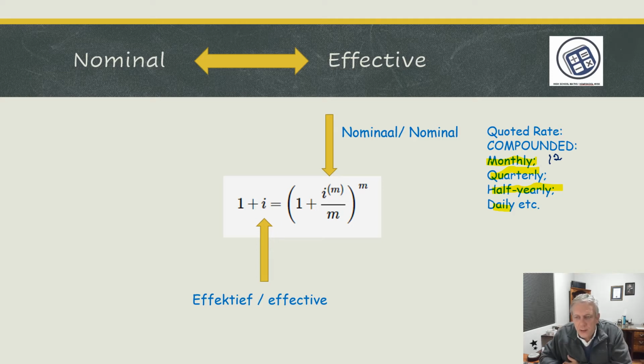If it's quarterly, the period will be 4 times a year. If it's quoted half yearly, the period will be 2 times a year. If daily, we will use 365, because if we get a daily rate, we will receive 365 times interest that year. And as we said, the effective rate is always the yearly rate, or is always quoted yearly.